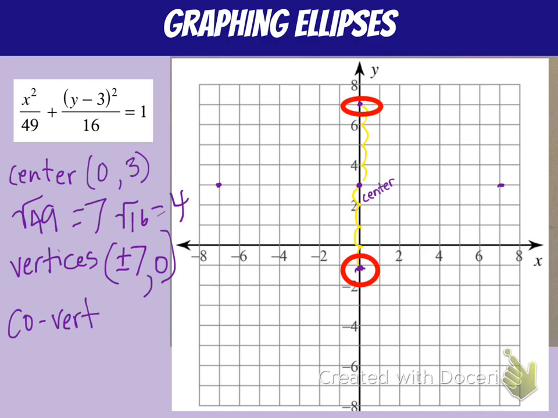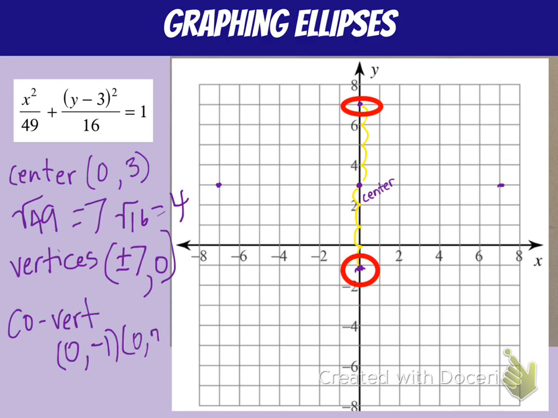So you need to make sure you name those accurately. And what I see is the first one that I circled, which was 0, negative 1, and there's a second one that's located at 0, 7.